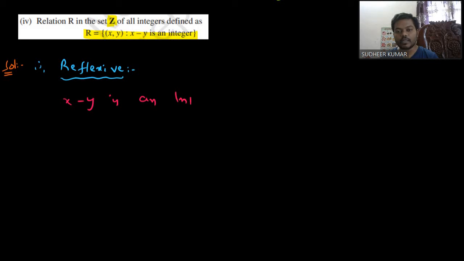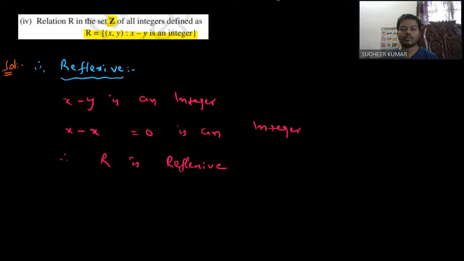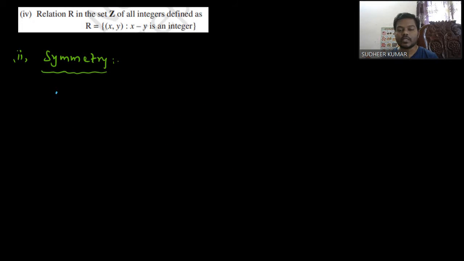The next one is relation R in the set Z of all integers defined as R is a set of (x, y) such that x minus y is an integer. Solution. So reflexive: as per the definition of reflexive, x minus x equal to 0 is an integer. Therefore, R is reflexive. Next, symmetry.